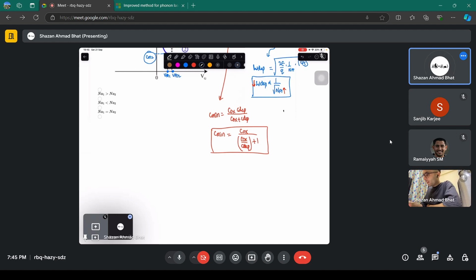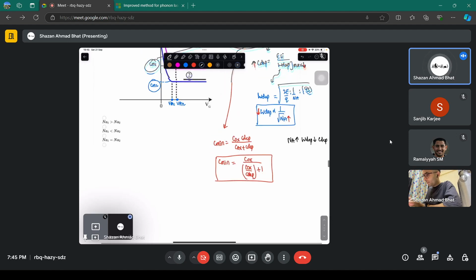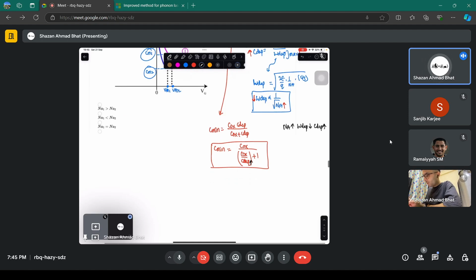Now if Na increases, W dep decreases. W dep decreases, what is going to happen to C dep? C dep increases. C dep increases, this overall ratio reduces. The denominator reduces, overall this is going to increase.